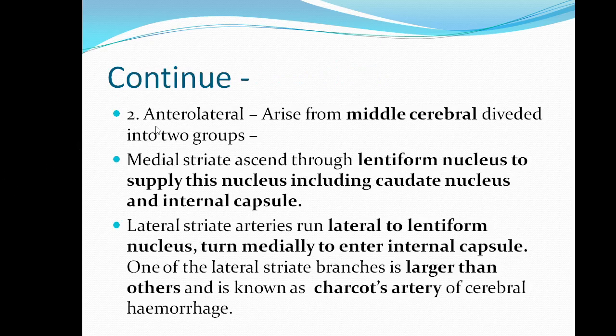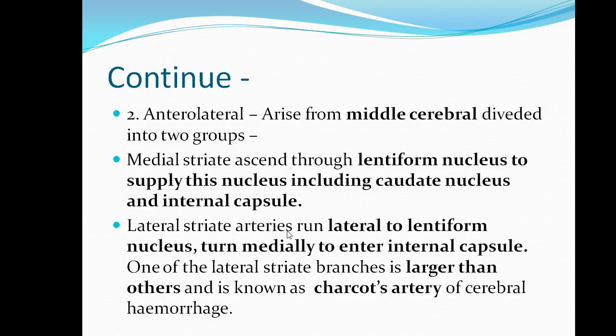Number two, the anterolateral group. This arises from the middle cerebral artery and is divided into two subgroups: medial striate and lateral striate. Medial striate arteries ascend through the lentiform nucleus to supply this nucleus, including the caudate nucleus and internal capsule.